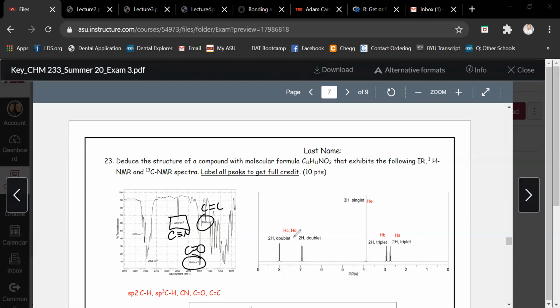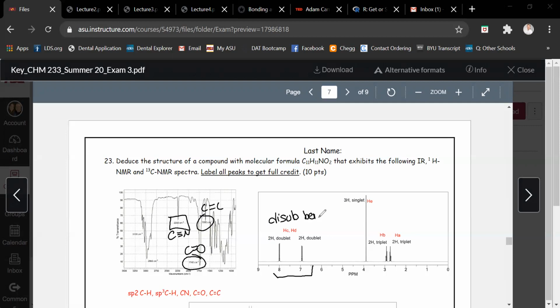All right. We've got a 2H doublet and 2H doublet between 6.5 and 8. So what does that tell us? We have a di-substituted ring.